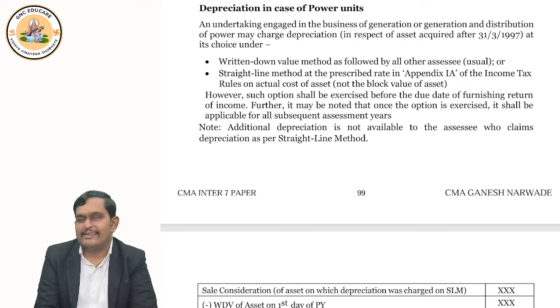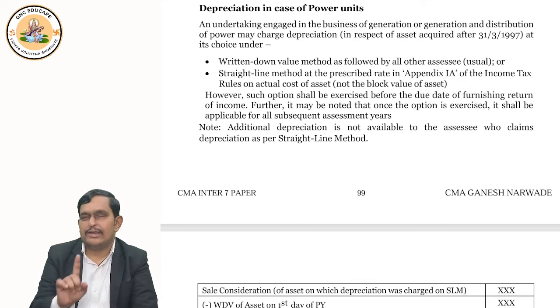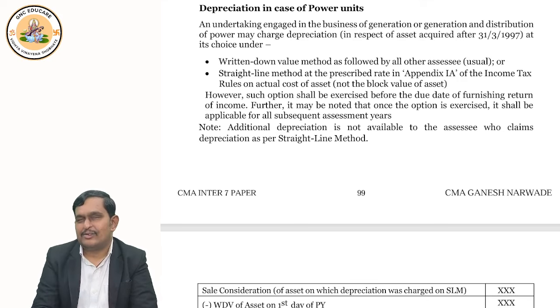But I said it is applicable only for tangible assets. Then what about intangible? For intangible assets, only the WDV method. Like all other entities and business organizations, they claim depreciation on WDV under income tax.